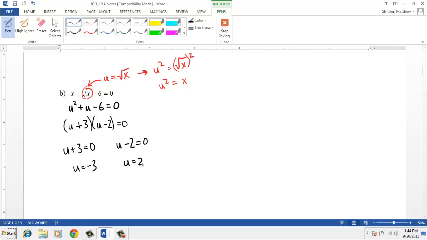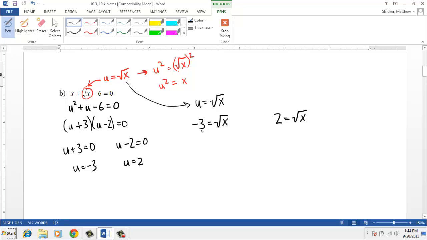No, because we don't want our answers in terms of u, we want our answers in terms of x. So if we take this substitution, u equals the square root of x, then that gives us that -3 is equal to the square root of x, and 2 is equal to the square root of x.